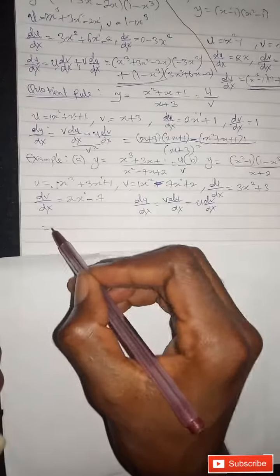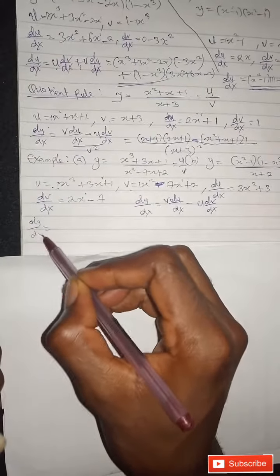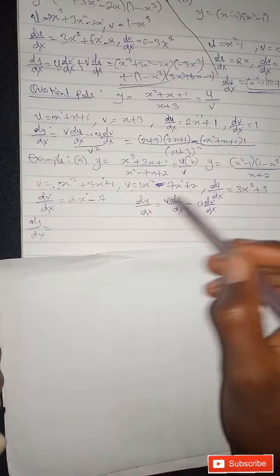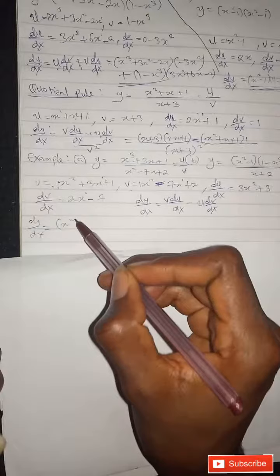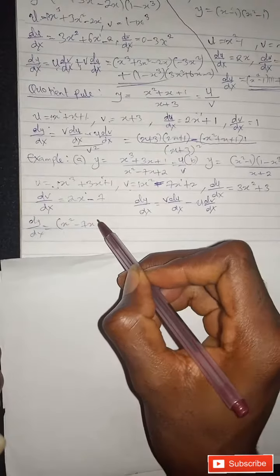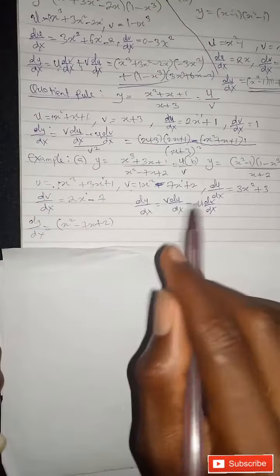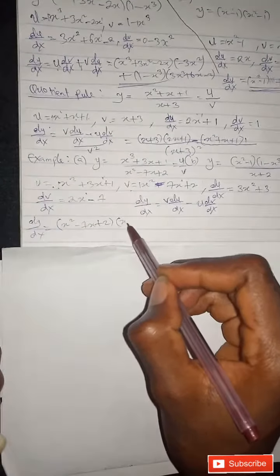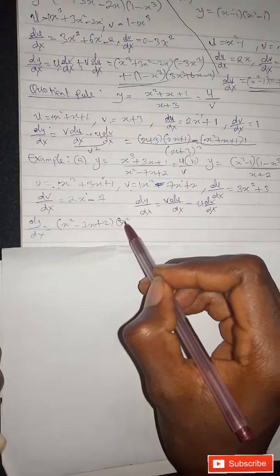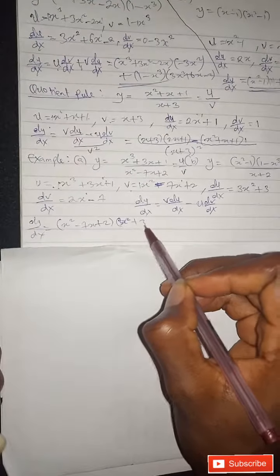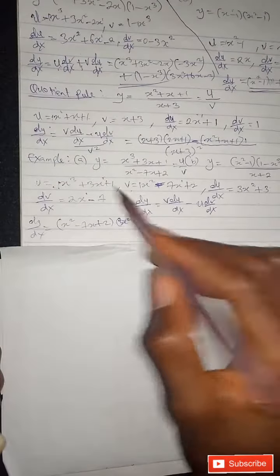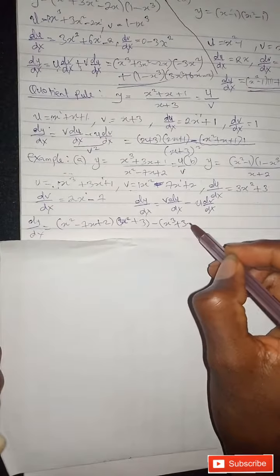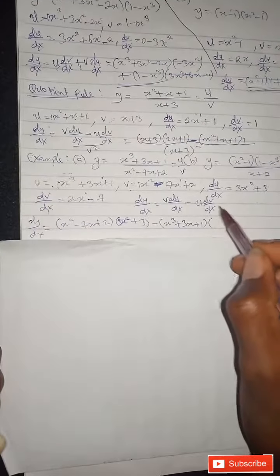Okay, so dy over dx will be, what is v? V is just this, right? So we have x squared minus 7x plus 2, times du dx. What is du dx? This is du dx: 3x squared plus 3 minus u. What is u? This. So we have x cubed plus 3x plus 1 multiplied by dv dx.